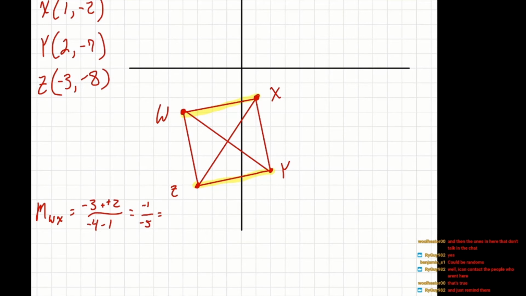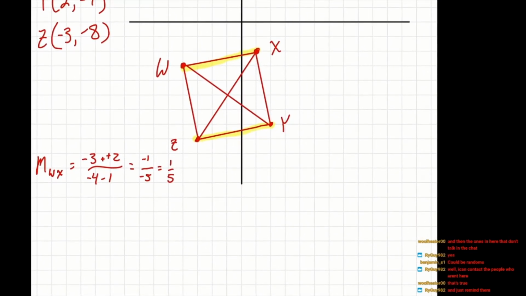Both are negative, so positive 1 over positive 5. If you're doing your rise over run, up 1, 1, 2, 3, 4, 5. Looks good. Always double check. That's why I like to do this both ways, calculating it and checking. ZY should be the same thing.